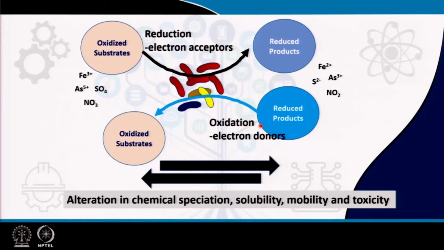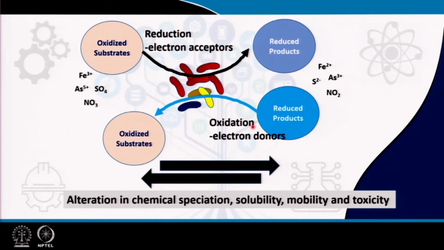Some other reactions are also there, but eventually it is an oxidation reaction. These reduced materials are all oxidized, and the electrons are taken out and used in the metabolism of these microbial cells, and they produce oxidized substances. For example, the sulfide will be oxidized to sulfate, the nitrite could be oxidized to nitrate, the Fe2 plus could be oxidized to Fe3 plus, arsenic 3 could be oxidized to arsenic 5 plus, and so on.